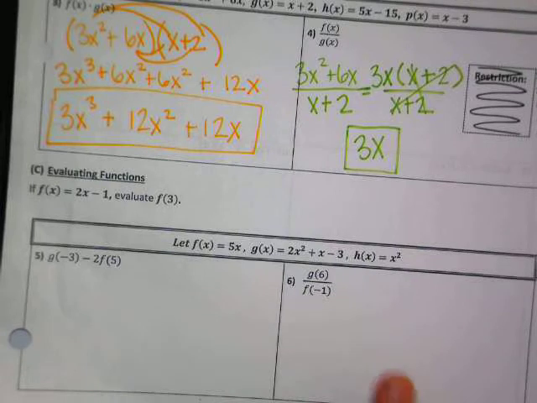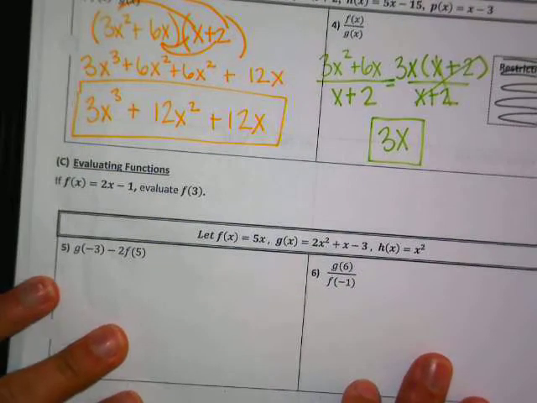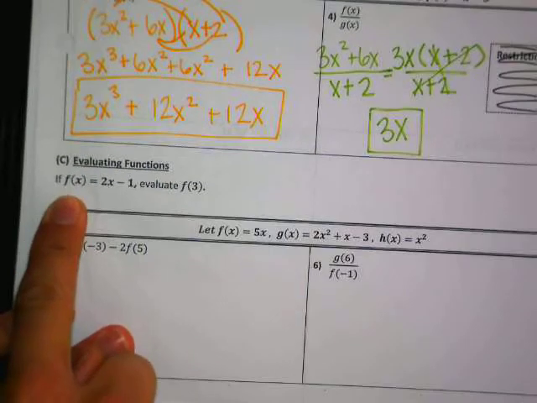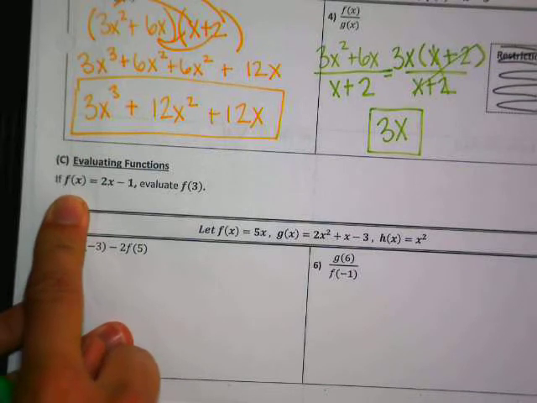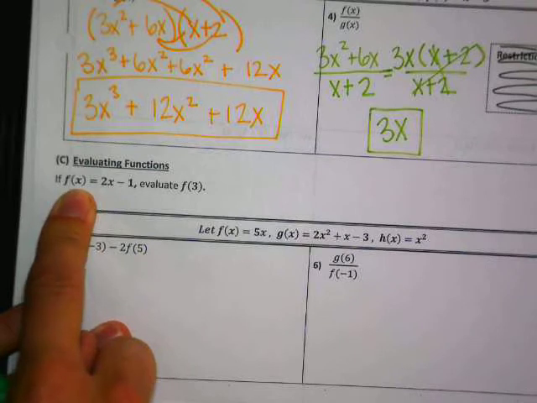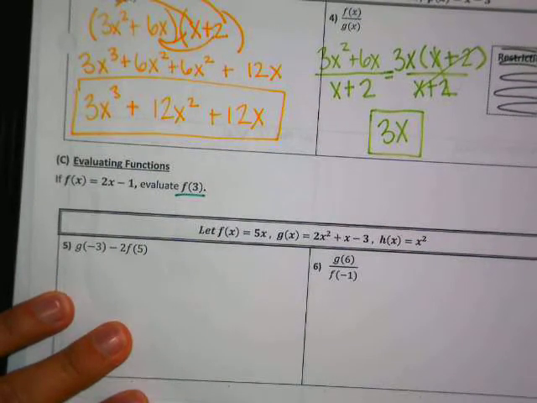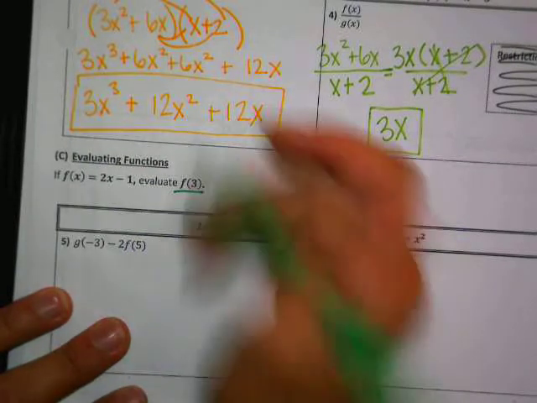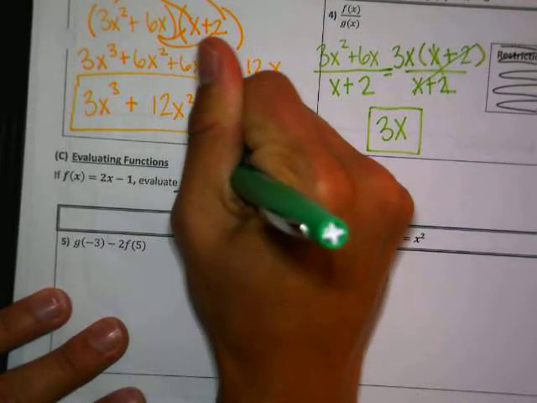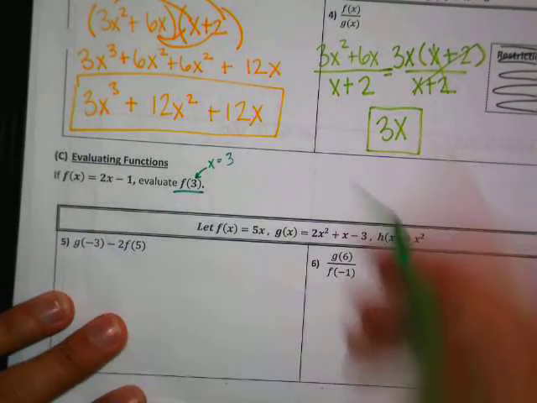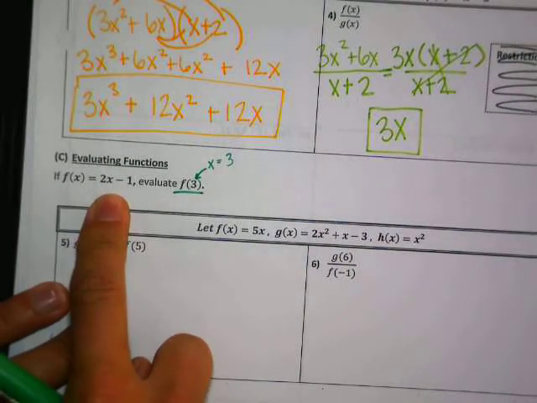Perfect. All right, evaluating the function. So this is like that first one on the quiz when I'm telling you what x is and you got to plug it in. Except it's written a little differently. So f of x is 2x minus 1, and I'm saying to evaluate f of 3. So this is what x equals. x equals 3, and all you have to do is plug it in.